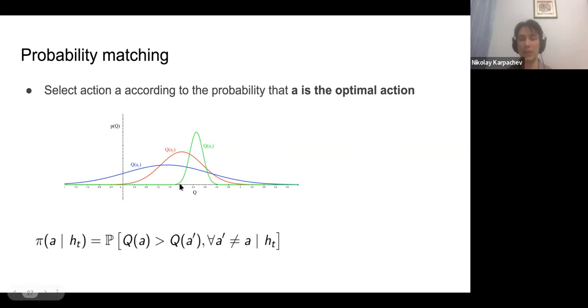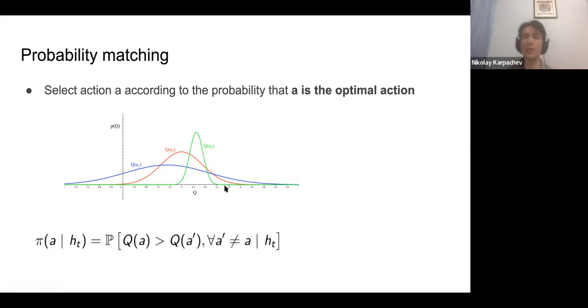So we can look at these distributions, and for example, action A3, the green one, is better than the rest of the two with relatively high probability. Still, there will be some exploration, because action A1 is still better with some small probability, yet not 0-1.